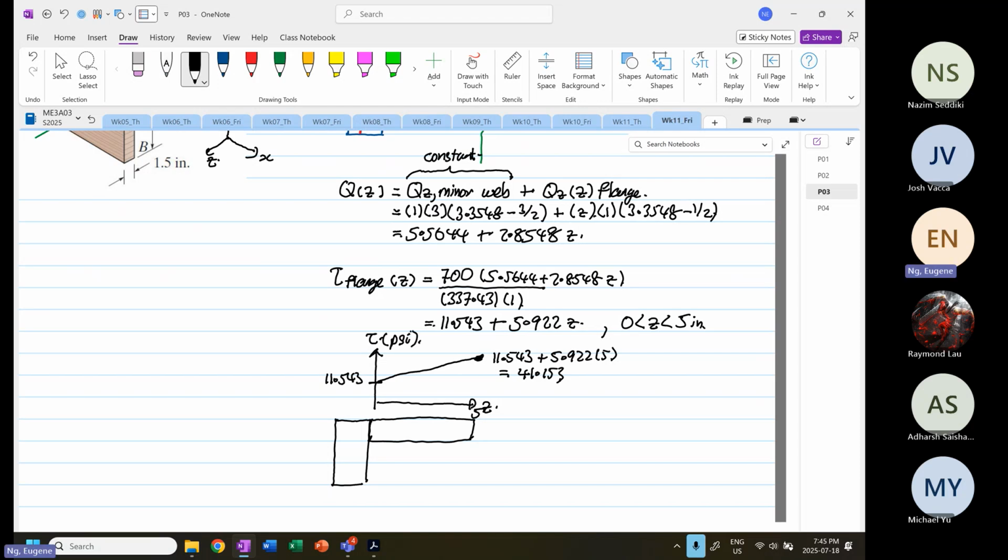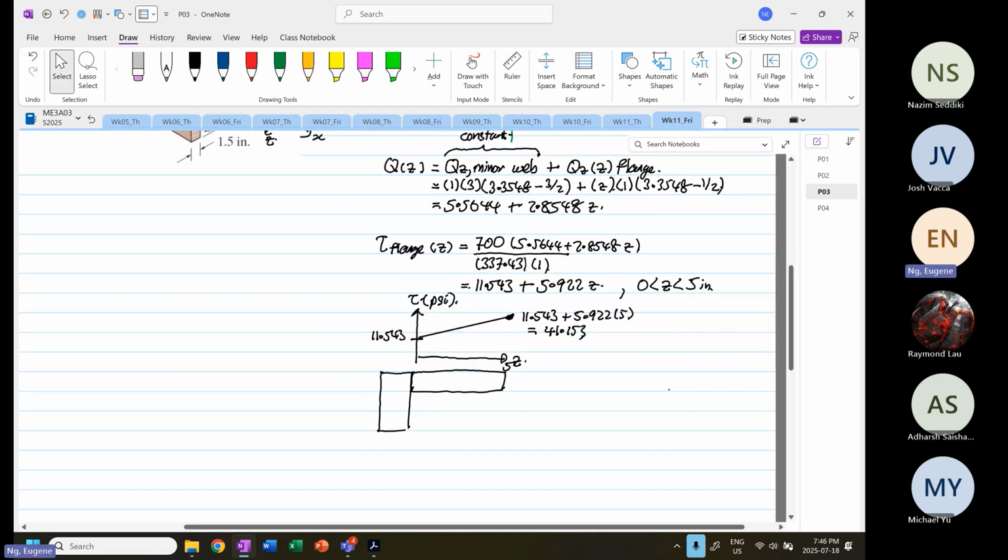So when you see this, I'm going to make sure that this is a straight line. Okay. So that is the distribution profile at the flange.